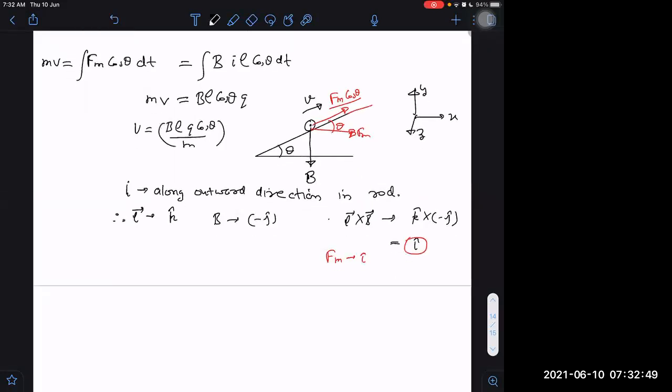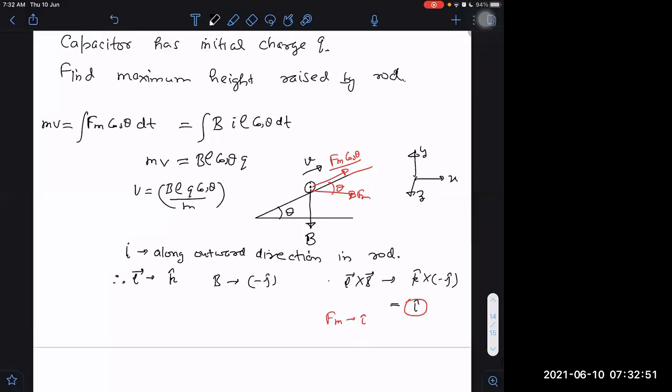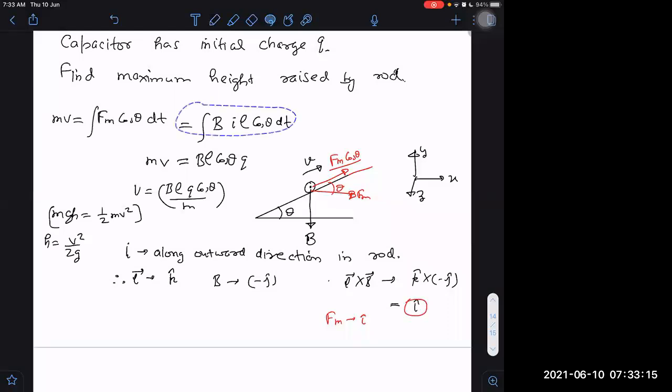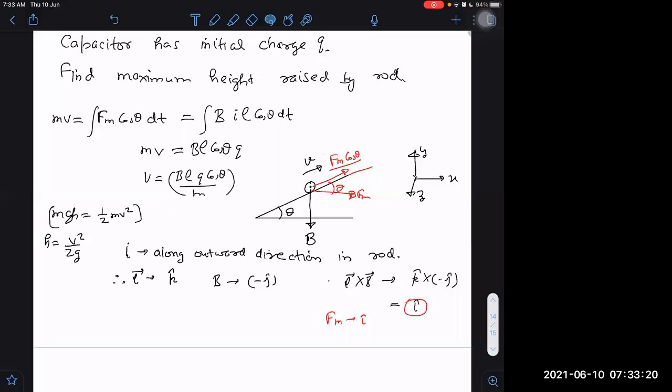What would be the height attained? Now I can convert after that by energy conservation. mgh will be equal to half m v square. We can get the height attained, where h will be equal to v square by 2g. Are you getting the same answer? Other students, please tell me, are you getting the same answer or different?